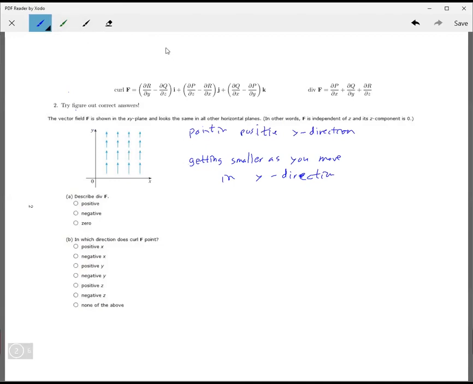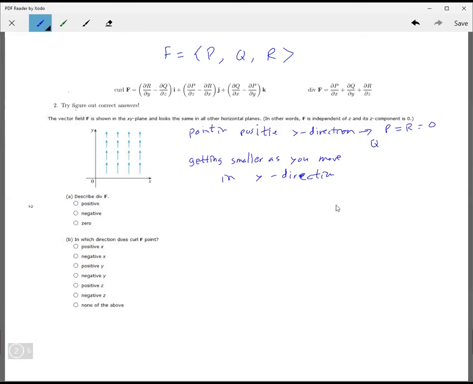Now your vector, remember, is p, q, r. They're pointing in the positive y direction. That means that p and r are both 0, and q is the only one that's happening.